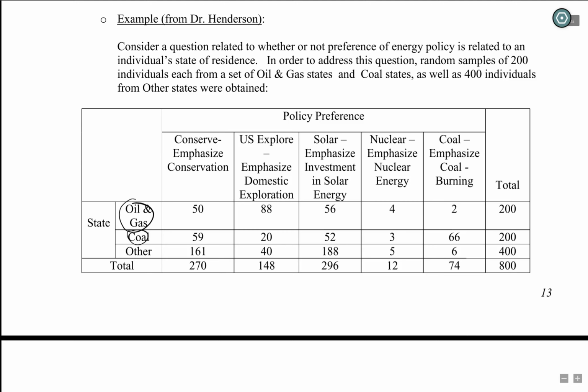A sample of size 200 was taken from oil and gas states, a sample of size 200 was taken from coal states, and a sample of size 400 was taken from other states.